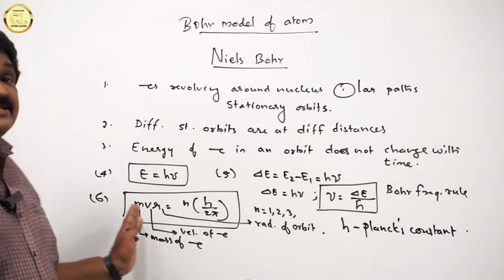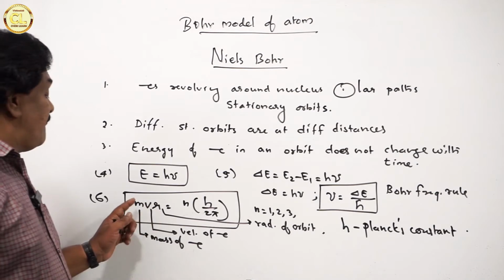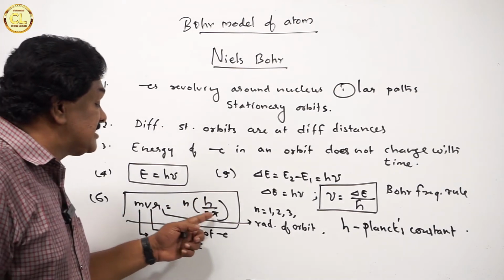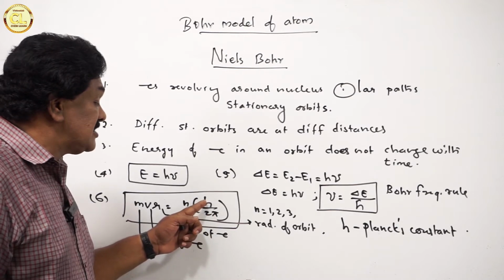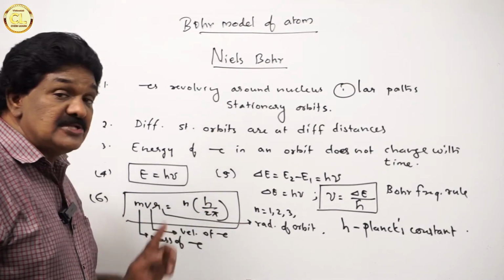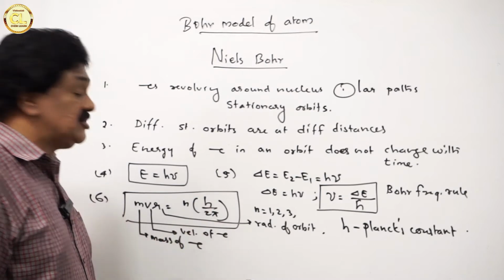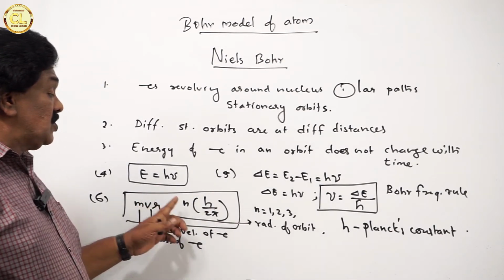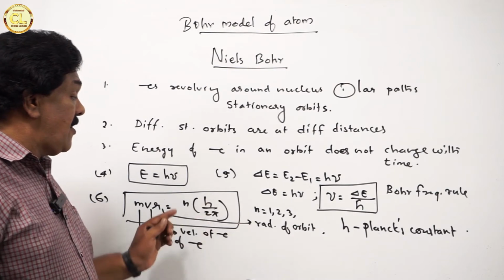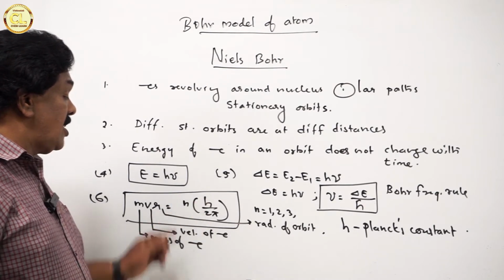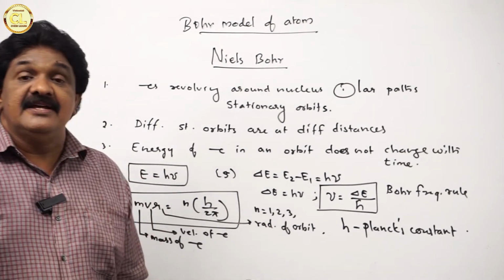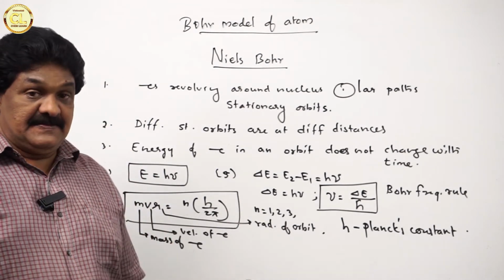From this it is clear that the value of the angular momentum will be an integral multiple of h/2π, which is a constant. That is, the value of mvr is equal to 1 × h/2π, or 2 × h/2π, or 3 × h/2π, and so on. Never will it be fractional.